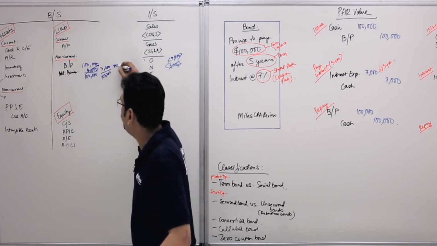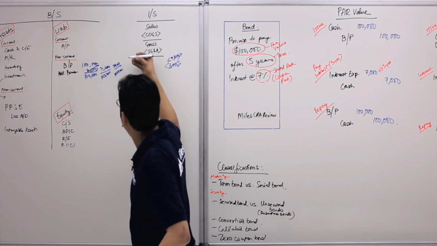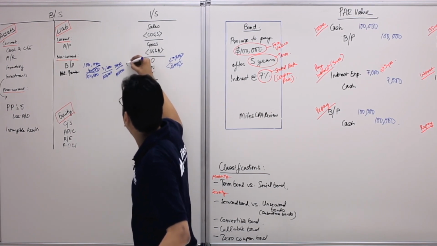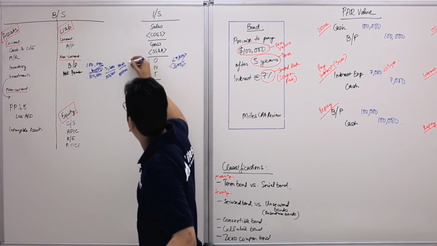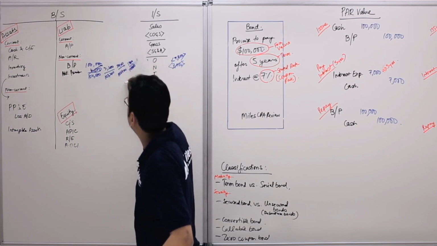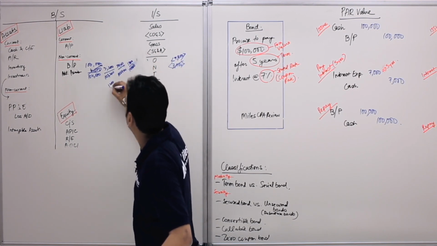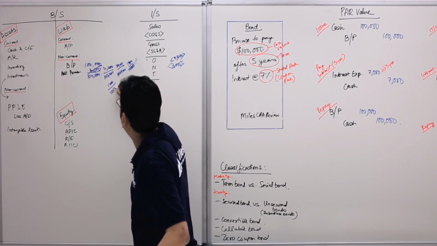Second year, this should become 2,400. So this becomes 102,400. Third year, this becomes 1,800 and 101,800.